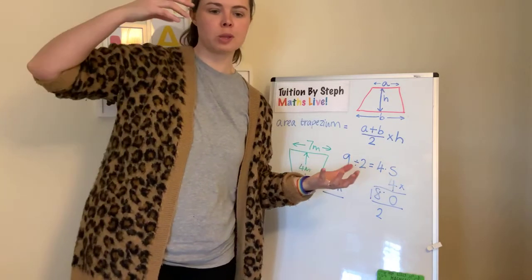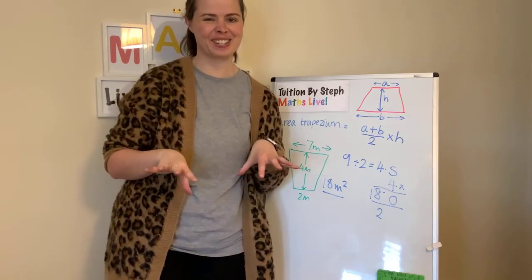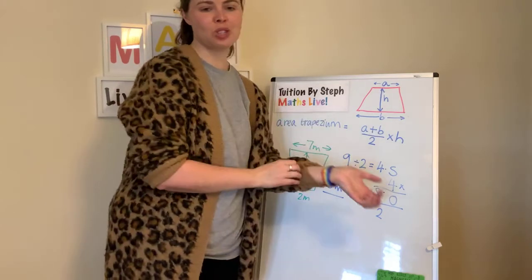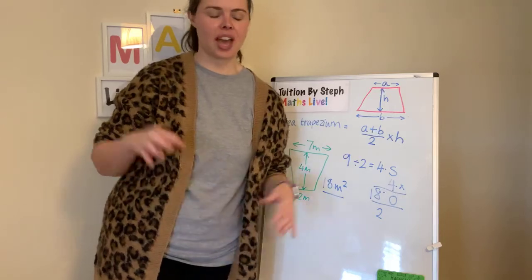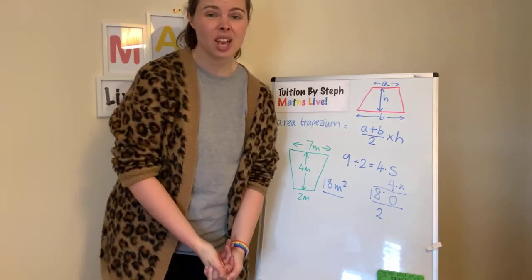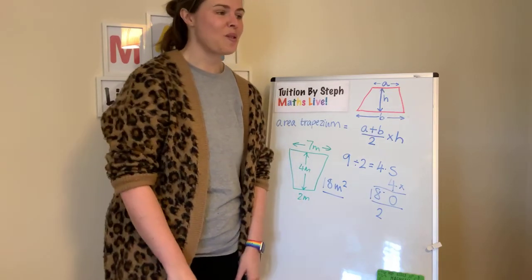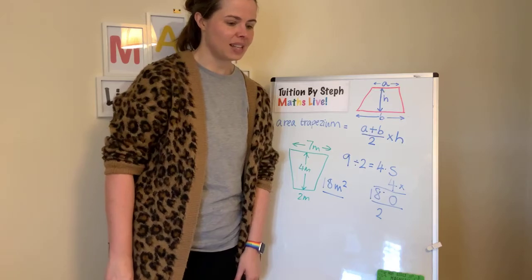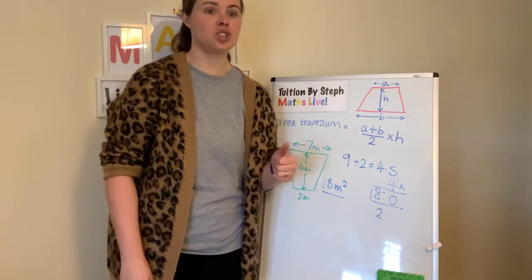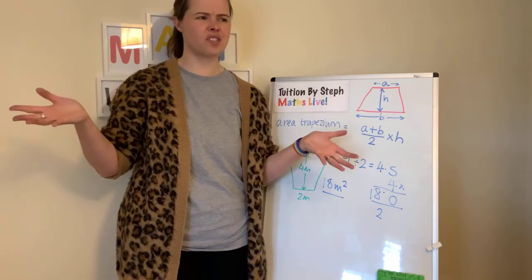So if you have got the Patreon worksheet, have a go at F and have a go at the challenge question at the bottom. And if you want to message me an answer, if you want me to check, I will gladly do that. So next week we're carrying on with area a little bit. We're going to be doing circles. So you are going to go away and find all the different parts of a circle, and then on Tuesday's Maths Live lesson I'm going to teach you how to find the circumference of a circle.